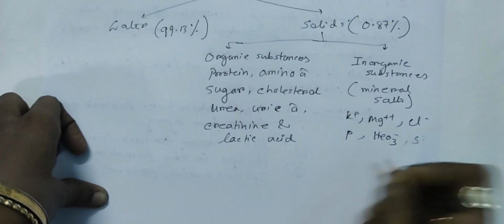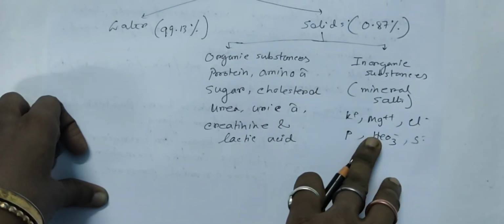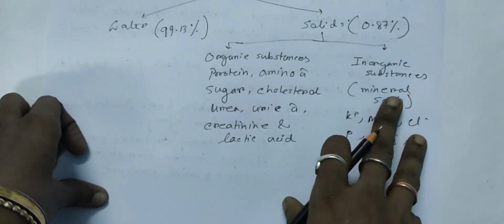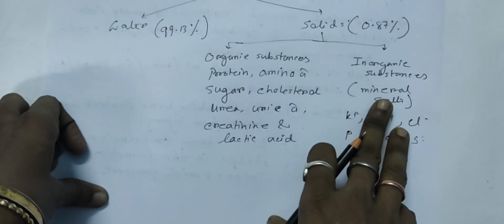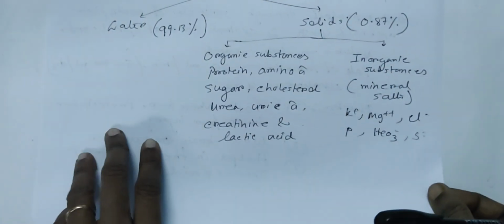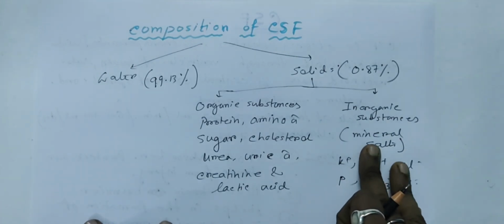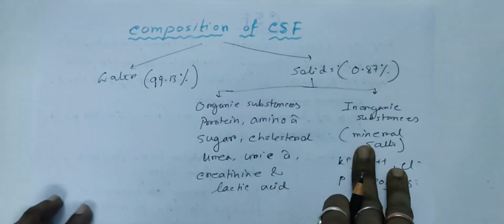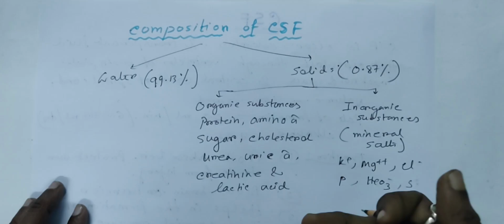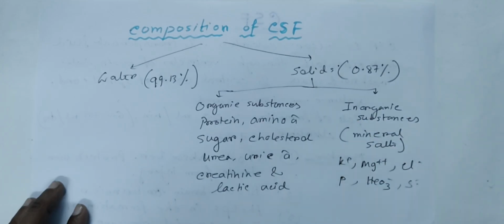Okay, so these are the inorganic substances. These mineral salts are available under the inorganic substances. So these are the main components, the main composition of CSF. Okay, now let's come to how the CSF is formed. That means the formation of CSF.